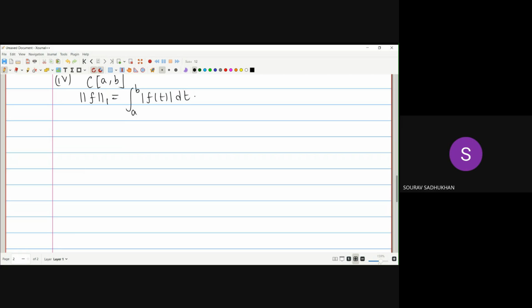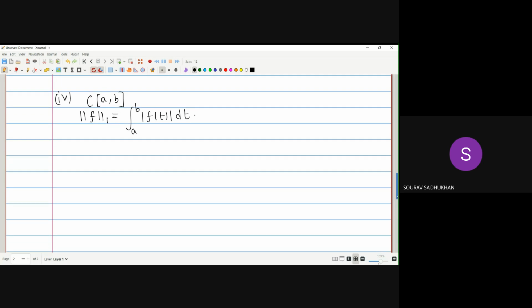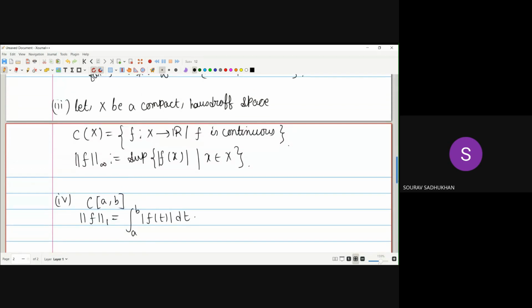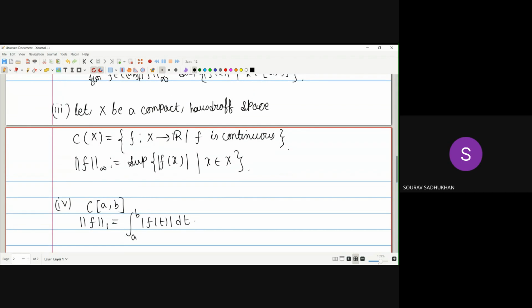Sir, for functional analysis, which reference can we follow that can fit this course? I will suggest you go through Kumaresan, not only the theory part but also the problems, because Kumaresan is a very student friendly book.